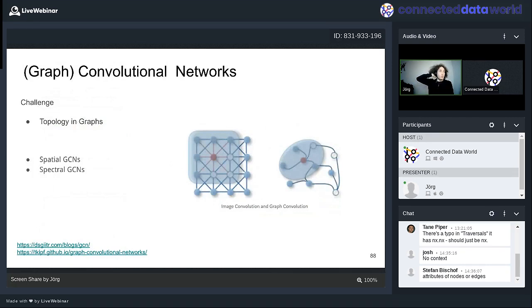What are graph convolutional networks referring to? You might be familiar with convolutional networks in general. They are often used in image classification, for example, and here a convolution refers to moving a filter, also called a kernel, across the image, and we are trying to compute one pixel value.